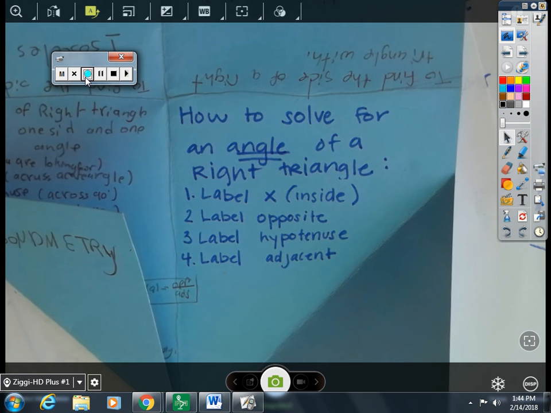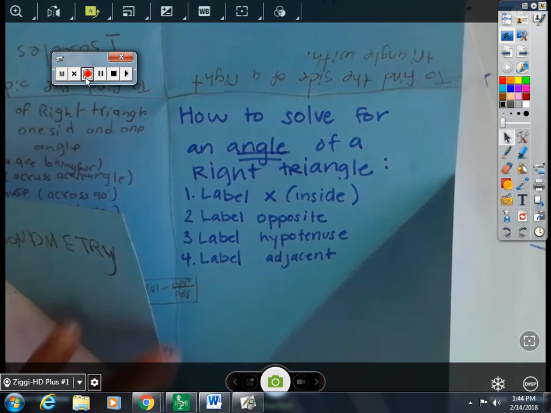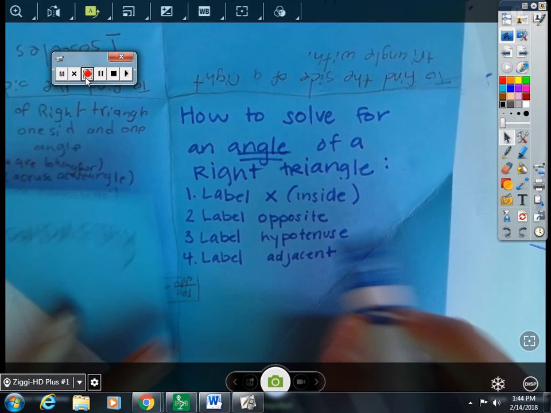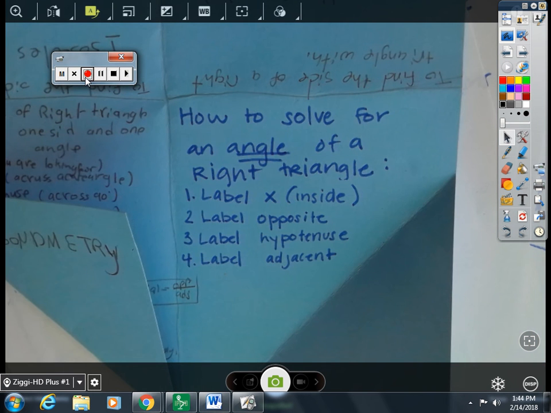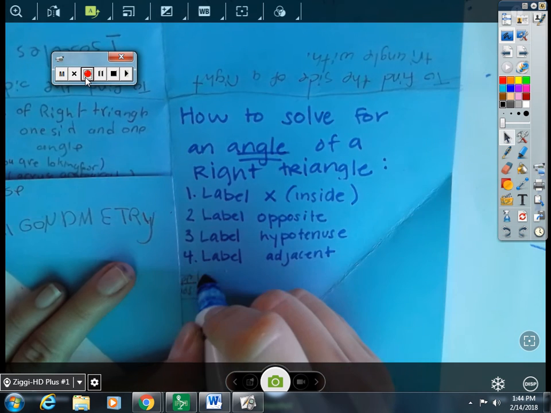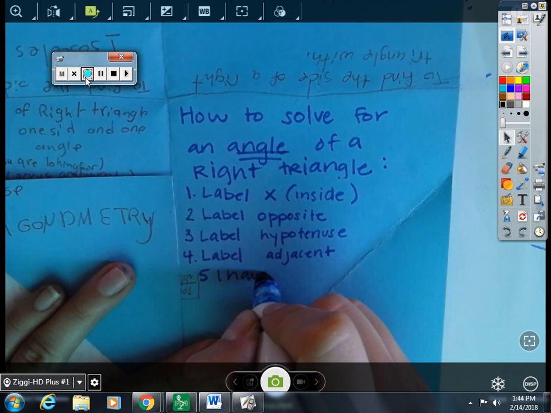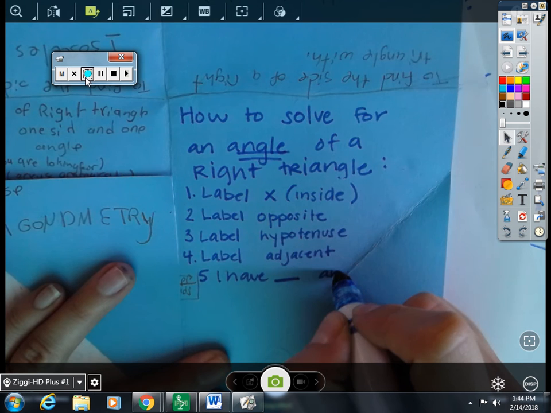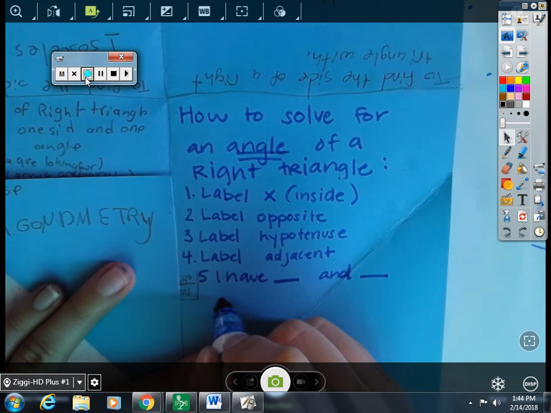Okay, so we label the opposite, the hypotenuse, the adjacent. After we label those, we're going to write I have, and you're going to have 2 things. You're going to be given 2 side lengths, and you're going to be looking for an angle.